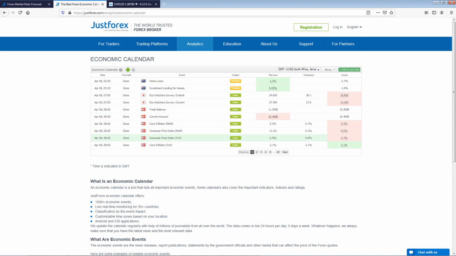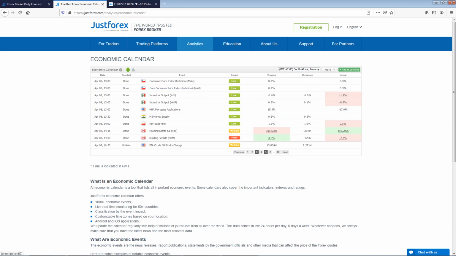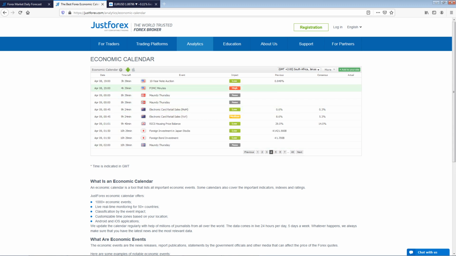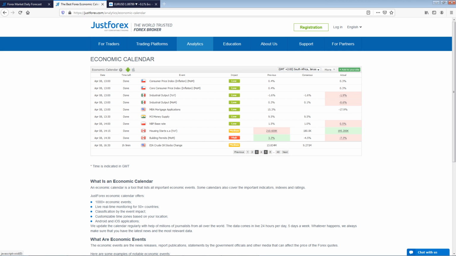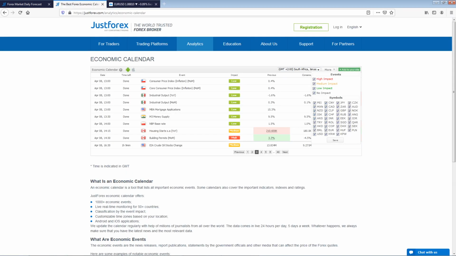Right here you can see all the events that are already done and all the events that are upcoming. There are actually a lot of them, and for us to use the economic calendar properly, we need to make several settings. First of all, we should set the events that we are willing to monitor, that we are willing to check before they come.